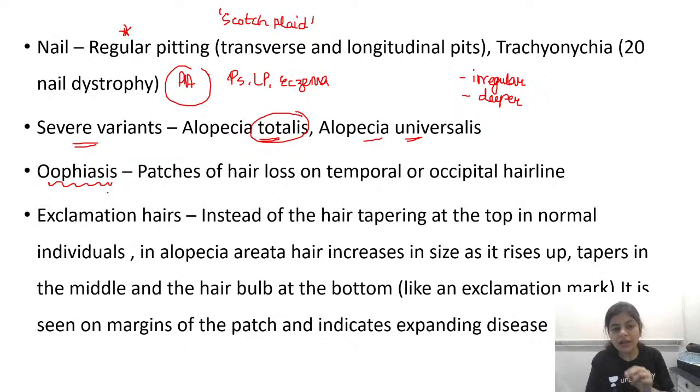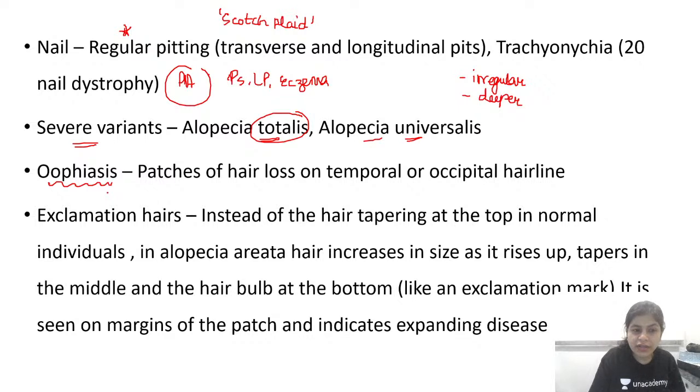Remember that whenever a patient of alopecia areata has loss of hair along the hairline, on the temporal or occipital area, it is called ophiasis and it is a poor prognostic marker for alopecia areata.